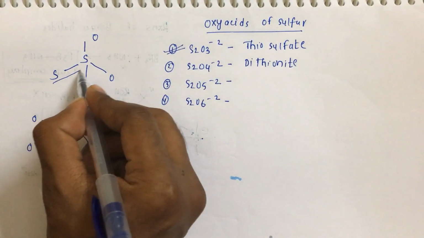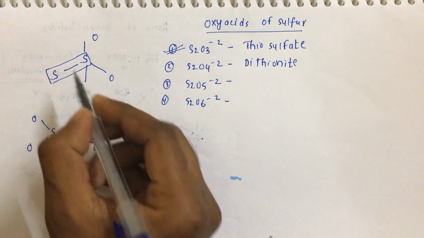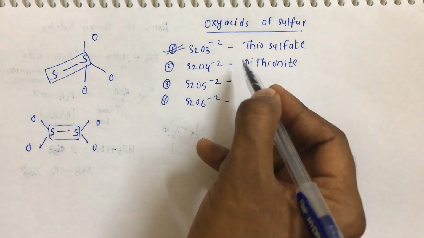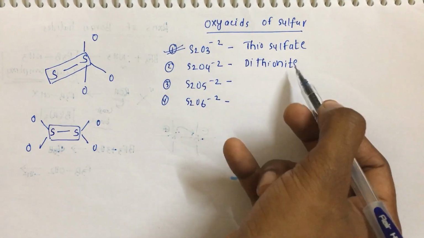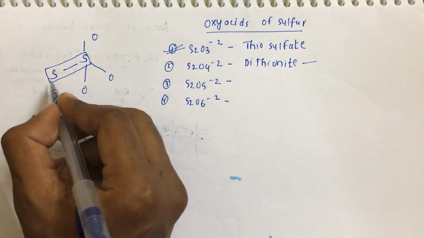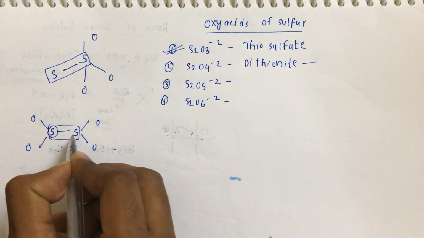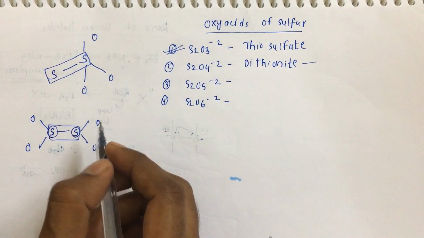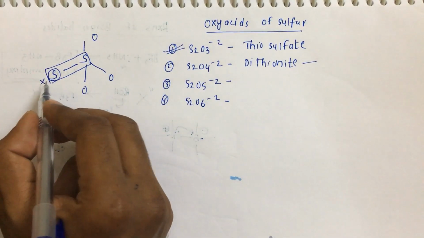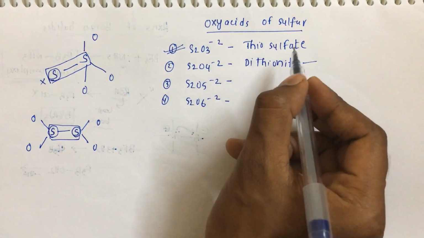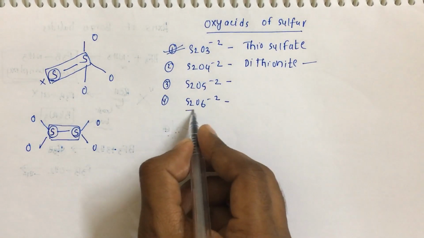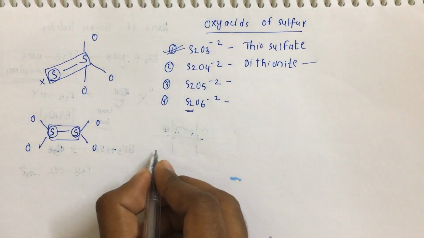Because here we have an S-S bond, and here also we have an S-S bond, but we are not calling this one a thiosulfate. We are calling it a dithionate, because here both the sulfur atoms are central atoms, but here this is not a central atom. Okay, because of that we are calling this one a thiosulfate, and this one a dithionate. And we'll go for S2O6 now.